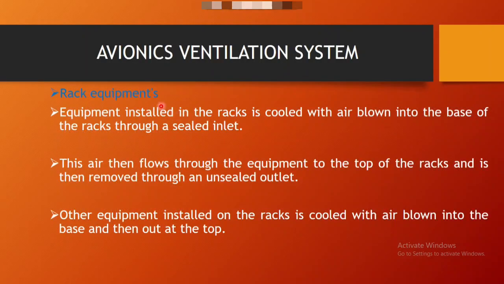If you talk about where the computers are installed, there are a lot of racks. Taking the example of a rack, equipment installed in the rack is cooled with air blown into the base of the rack through a sealed inlet. I'll show you in the video in the next slide.